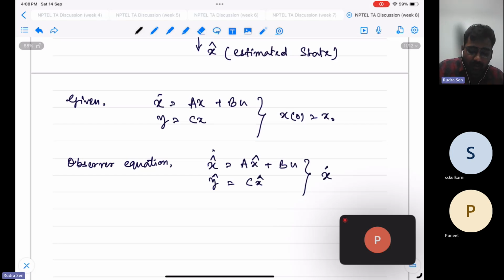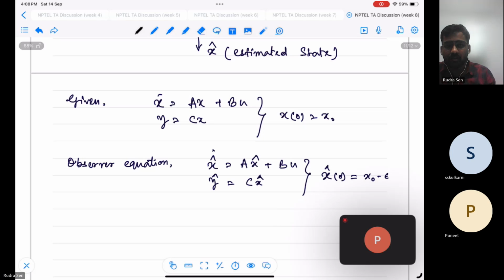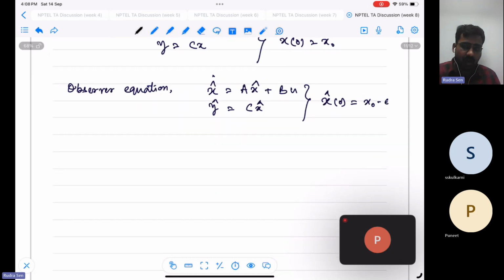Here in this case, this x hat 0 is not x0. It is x0 minus some epsilon. And our objective is to reduce this epsilon to 0, right? So up to that point, do you have any queries? If not, then I'm moving forward. And if you have any queries, please stop me and ask me questions. Okay.